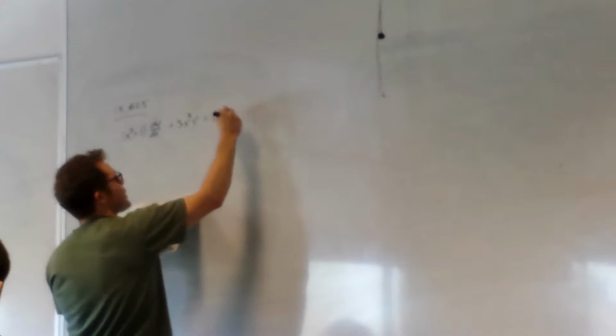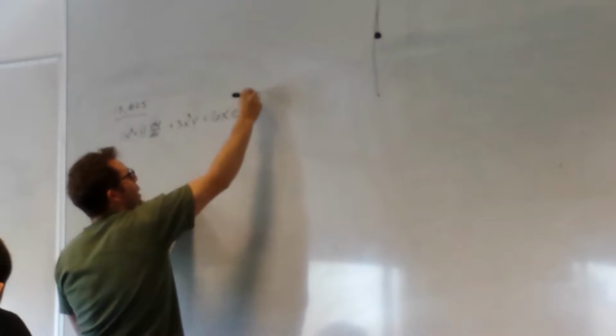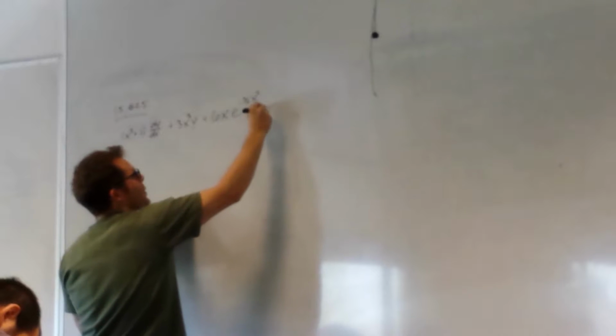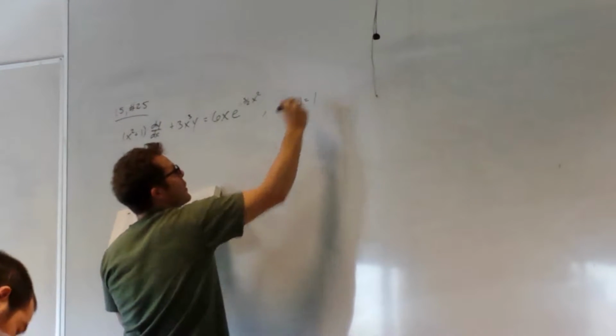Sometimes they use exponential notation, e to the power of something, or exp, which is computer syntax for the exponential function. The answer is e to the negative 3 halves x squared, with the initial condition y of 0 equals 1. Okay.